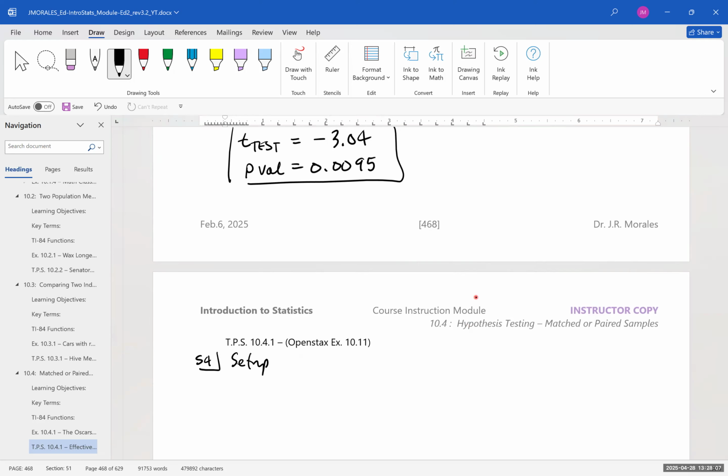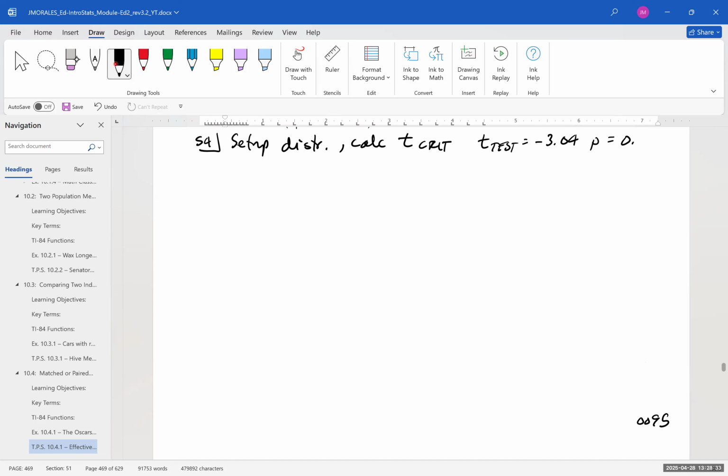This is to set up our distribution and calculate our t critical value. Let's go ahead and rewrite our test statistic here at the top and our p-value. Okay, so we've got a student's t distribution. 0 will be at the center.